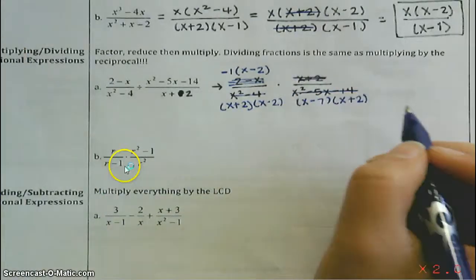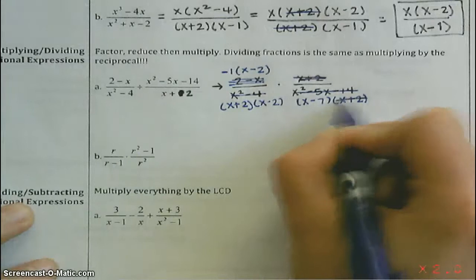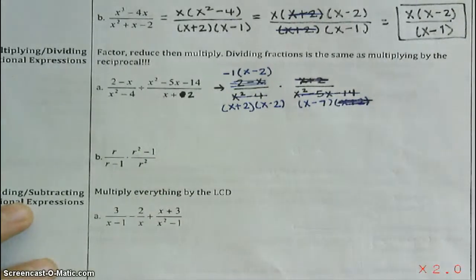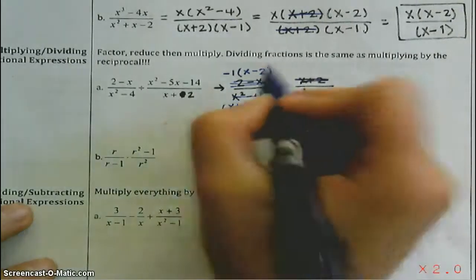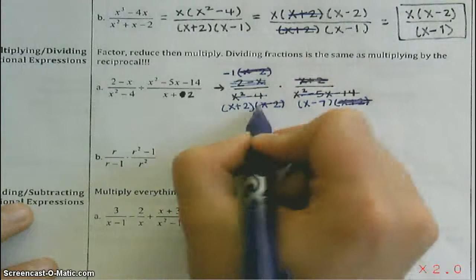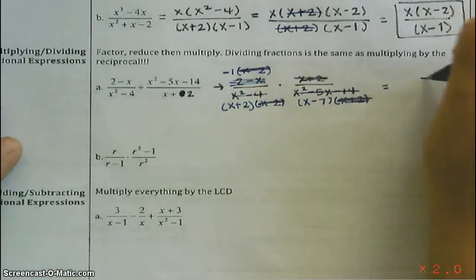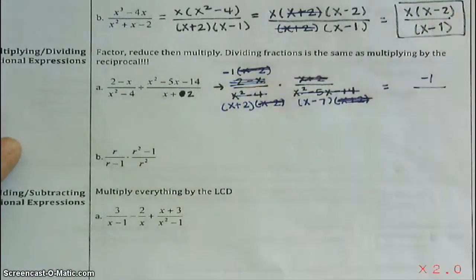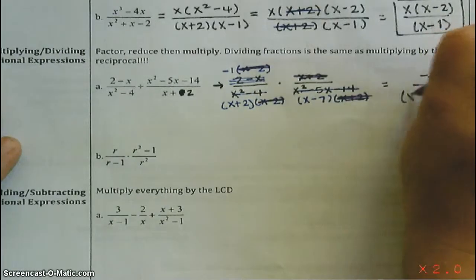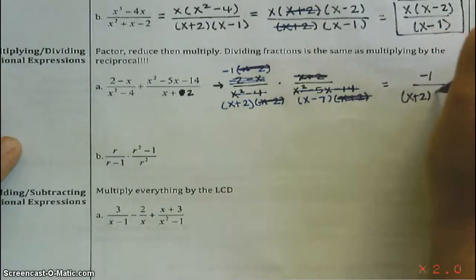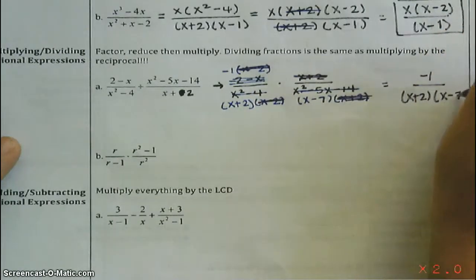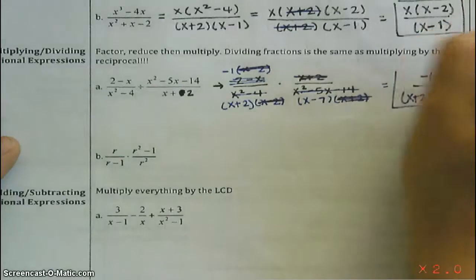So here, this x plus 2 will cancel with this x plus 2. x minus 2 right here, and an x minus 2 right here. Leaving us with a negative 1 on top, and x plus 2 times x minus 7 on the bottom. I'm fine if you leave it factored.